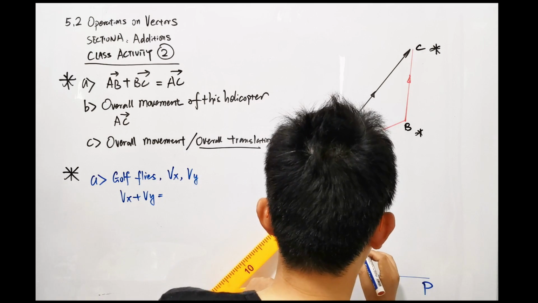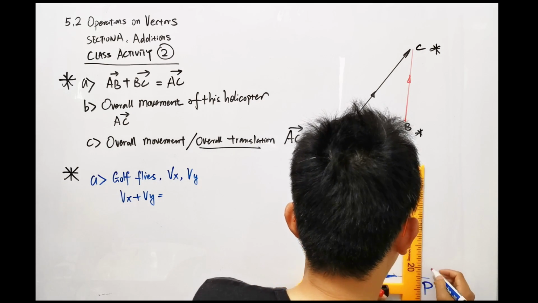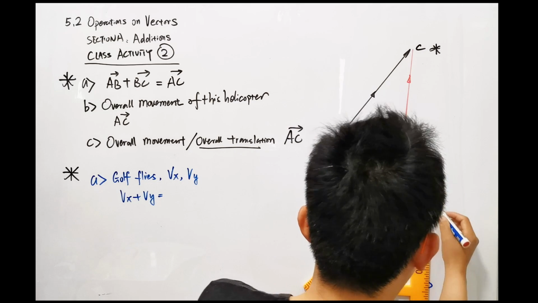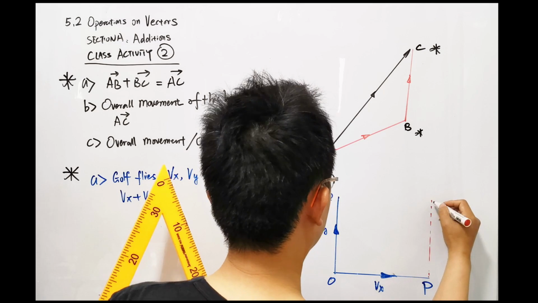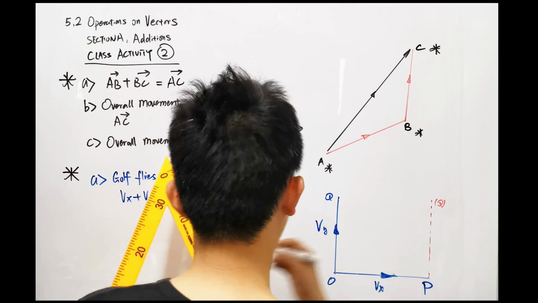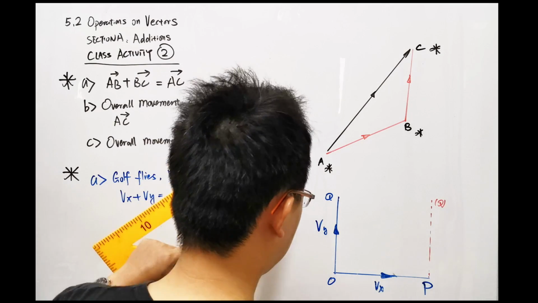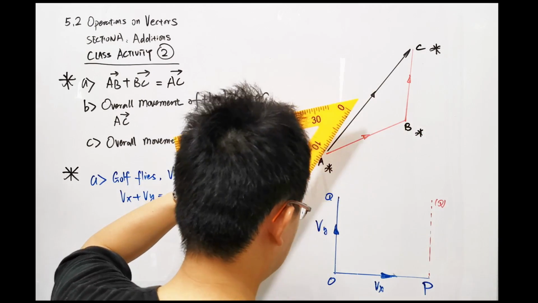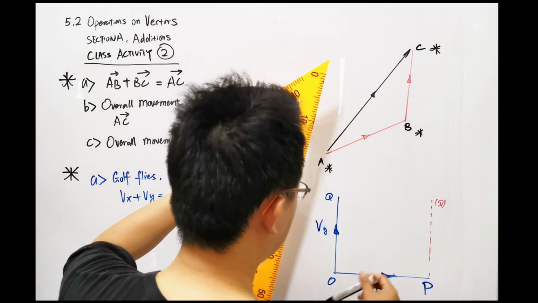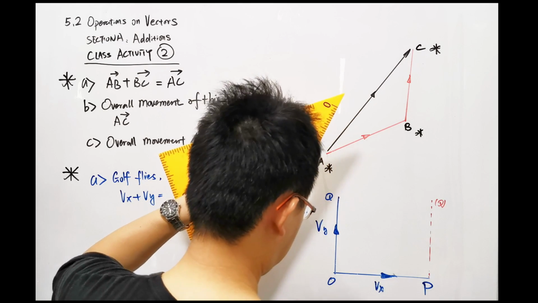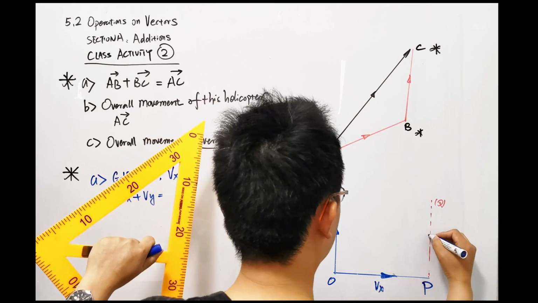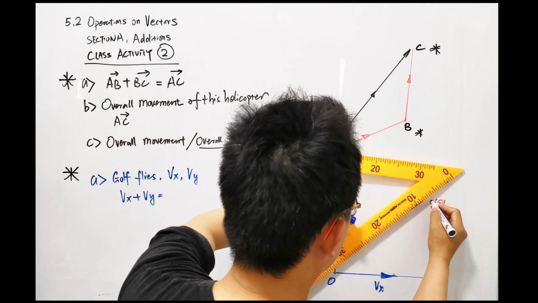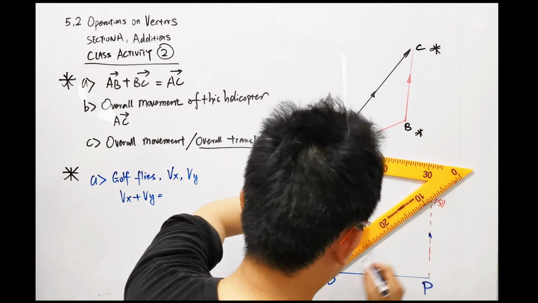To make it clearer, we transfer this line to here, assuming this is another cube. What's the result? We have this line, because these two are equal, so we can draw in this way.